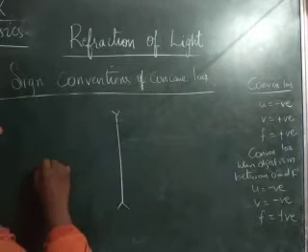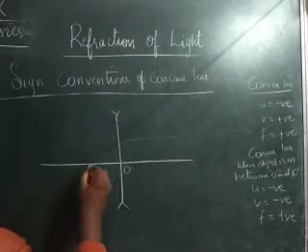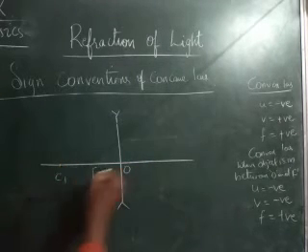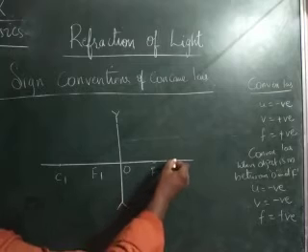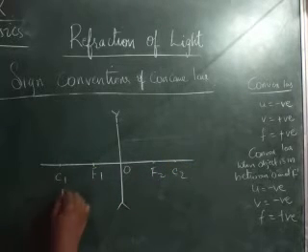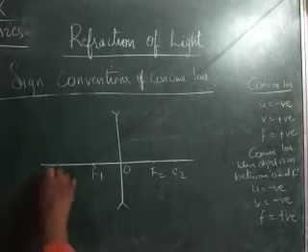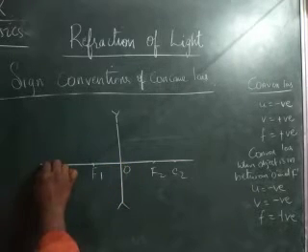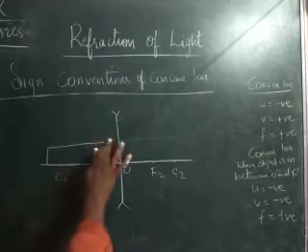Here this is the concave lens. Optic center, F1, C1, F2, C2, and the object is in between infinity and the optic center.